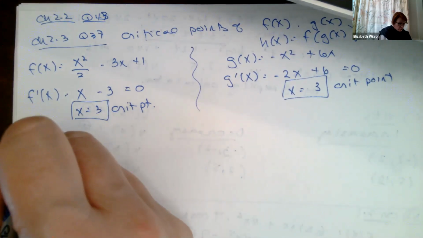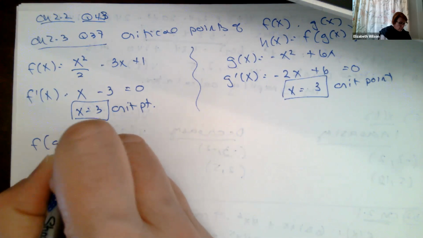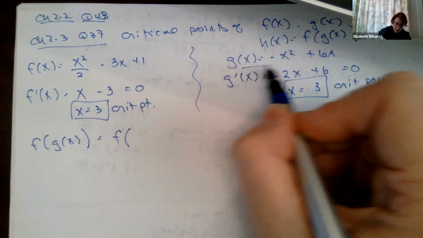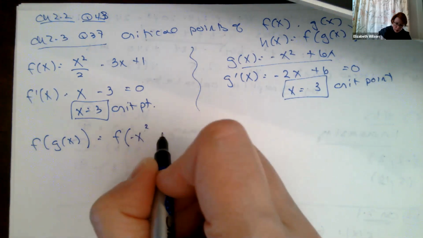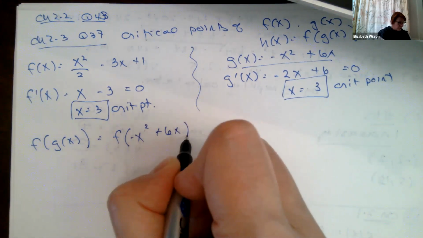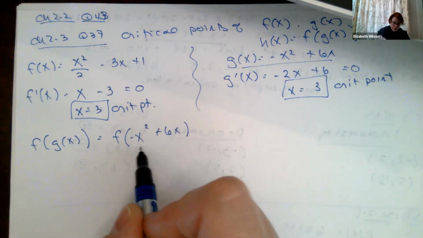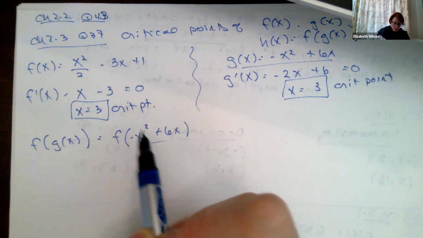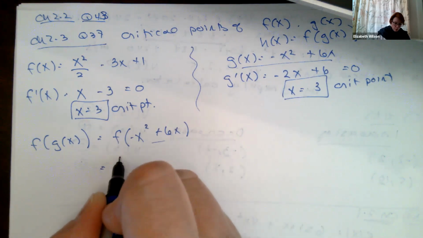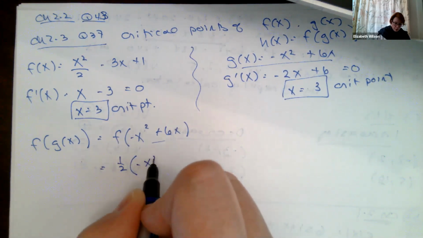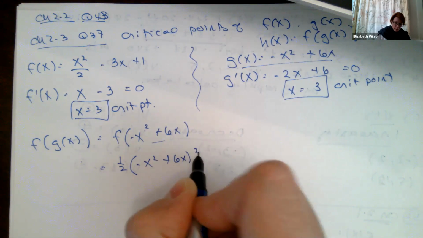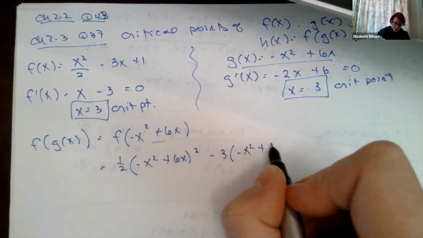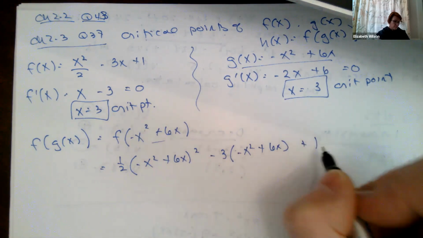Now, f of g of x, I'm going to have to plug that in. So that's f of this function here, f of minus x squared plus 6x. Which means everywhere I see an x on my f function, I plug in this big thing here. So it's going to be 1/2 times minus x squared plus 6x, squared, minus 3 times minus x squared plus 6x, plus 1.